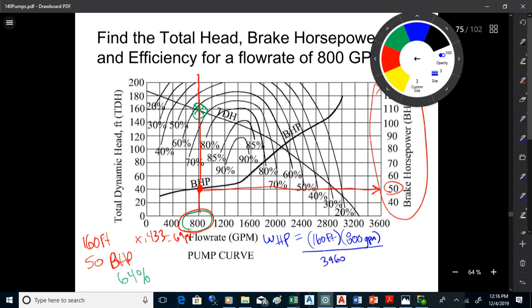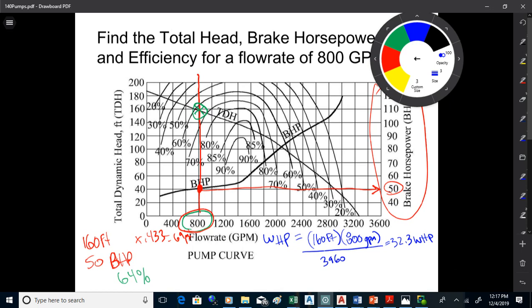So 160 times 800 divided by 3960 is about 32.3. All right with that? So that's the power that's going to go to the water.